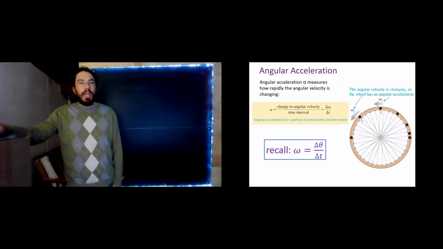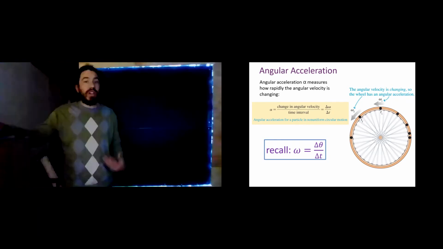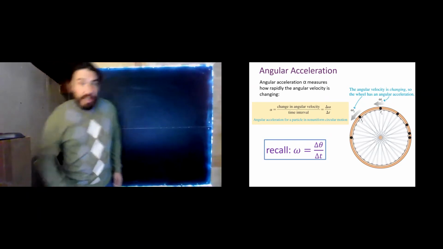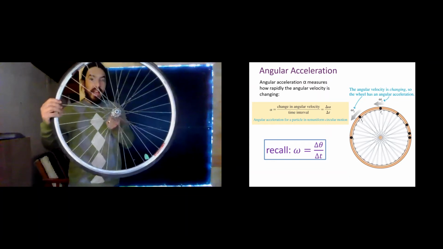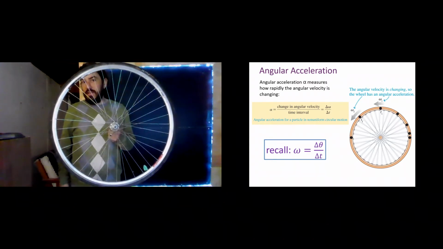In order to do this, we need a new quantity, and that is angular acceleration, right? If I've got some object and its rate of rotation changes, then it has just undergone some angular acceleration, right? So here we have a bicycle tire. Right now, its angular velocity is 0, right?